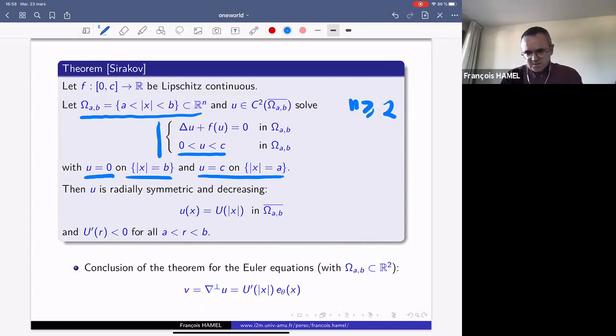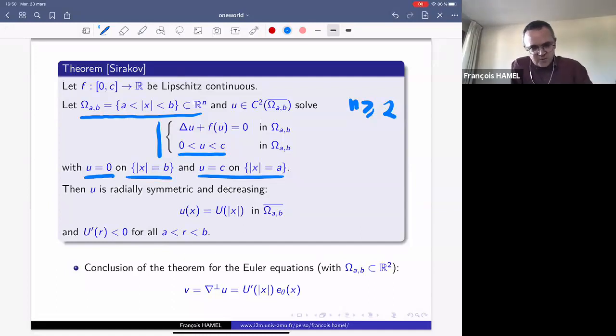Okay, so for those who know the classical results of Gidas-Ni-Nirenberg, this theorem looks like the classical result of Gidas-Ni-Nirenberg, let's say in a ball, for positive solutions of such an equation which are equal to 0 on the boundary of the ball. Here we consider a domain which is between two spheres, and to get the result we need to consider two different values on the inner and outer spheres.